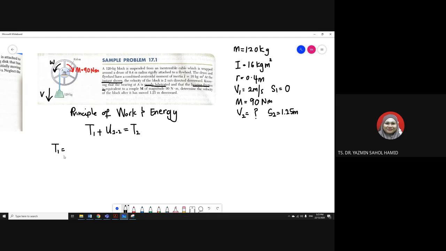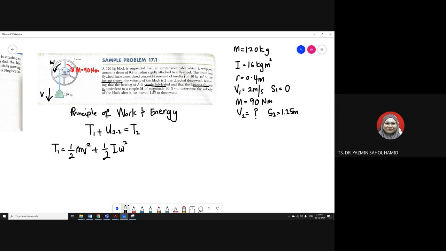Now for this question, we have a block moving up and down, so for the kinetic energy we will consider 1 over 2 mv squared. And because we also have a rotating flywheel and drum, we also need to consider the rotation, so it will be 1 over 2 I omega squared.